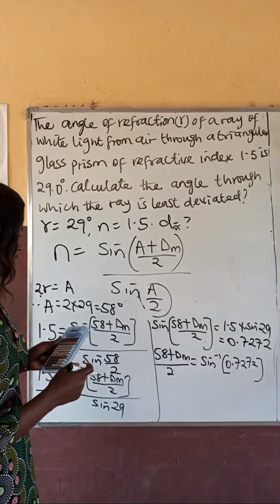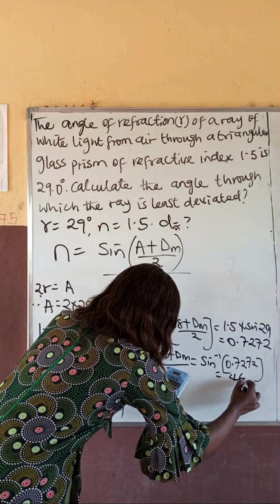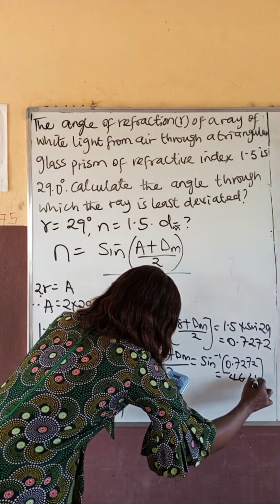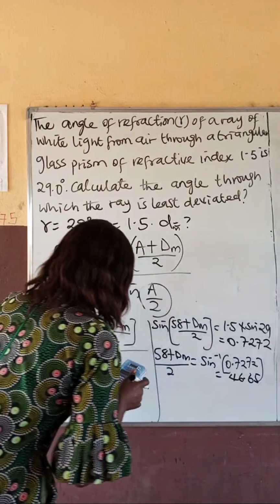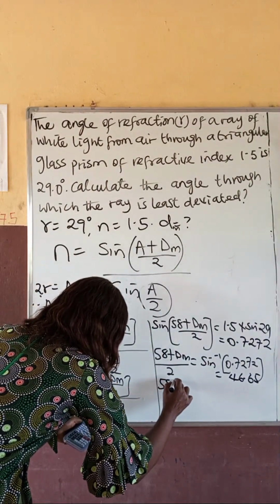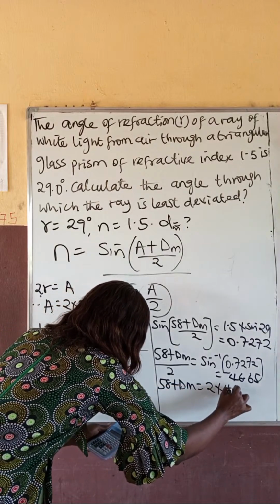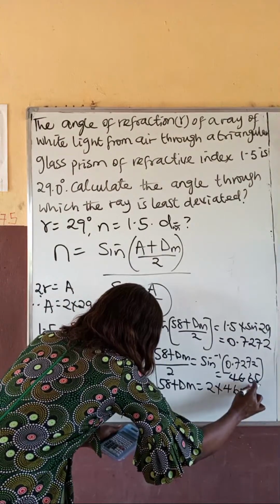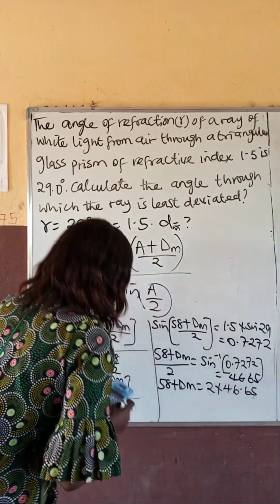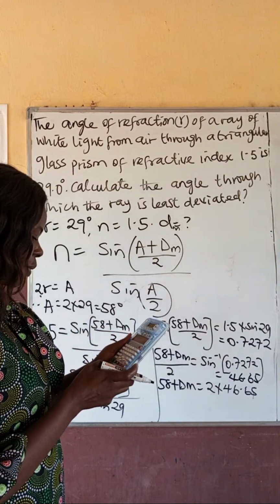What do I have? I have 46.65. Okay? So I can cross multiply: 58 plus dm is equal to 2 times 46.65. So what do we have? 2 times 46.65.